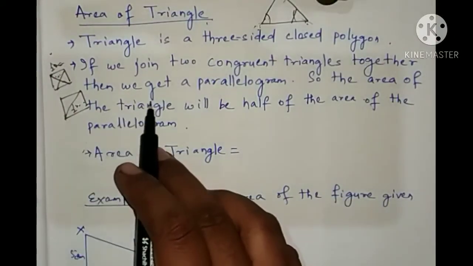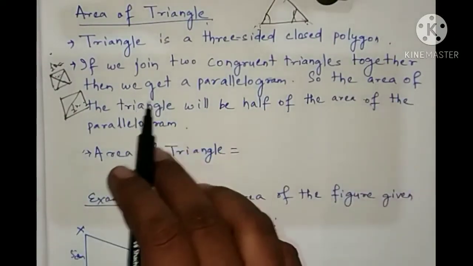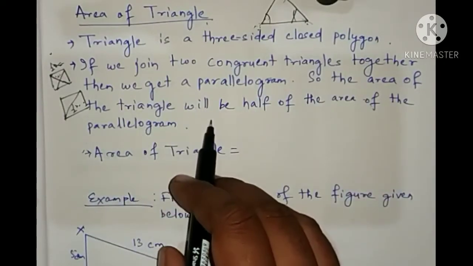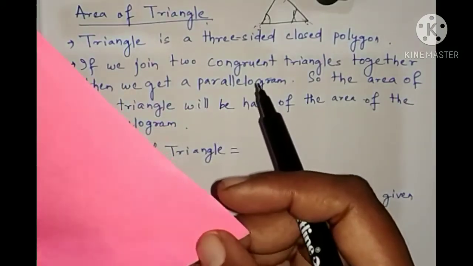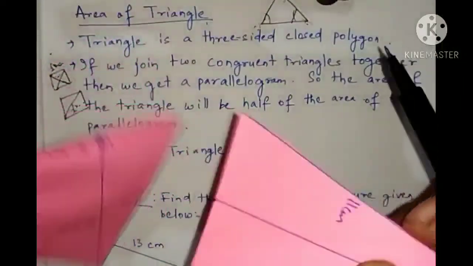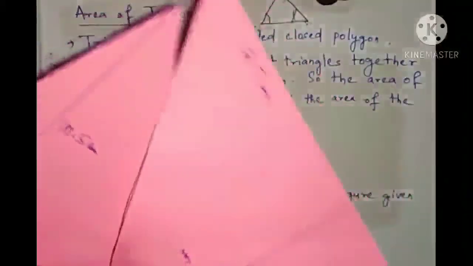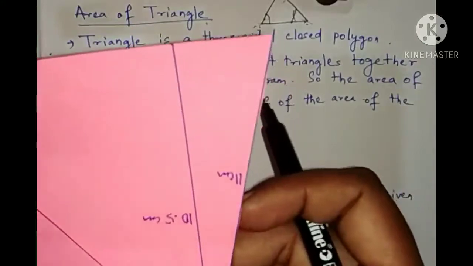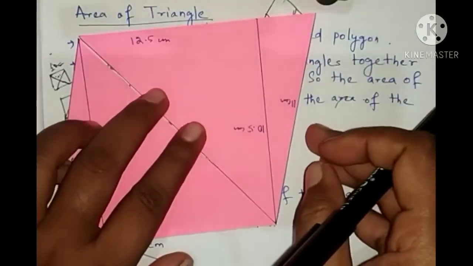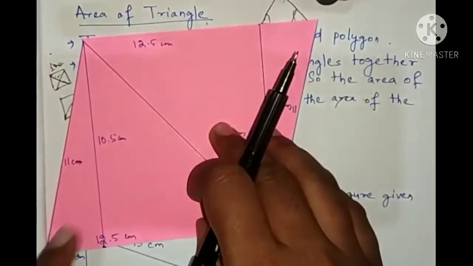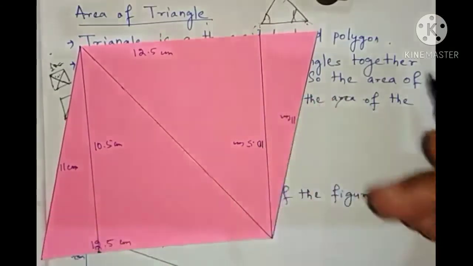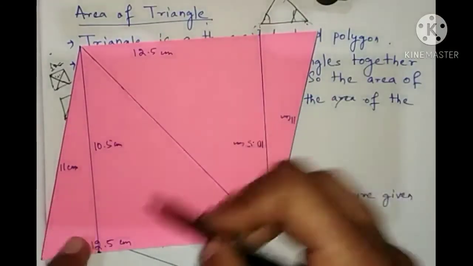But here if we join two congruent triangles together, then we get a parallelogram. So the area of triangle will be half of the area of parallelogram. So look at here, this was the parallelogram, the last parallelogram I have shown: 12.5 centimeter, 11 centimeter, two parallel sides, then two pairs of parallel sides.